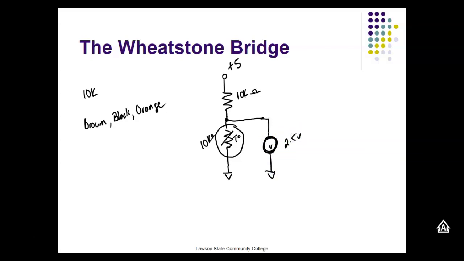You understand? So let's say I come up here and temperature starts going up. This guy right here starts dropping down. So let's say it goes down to 5K. Now what would my meter measure? It's supposed to be 5?